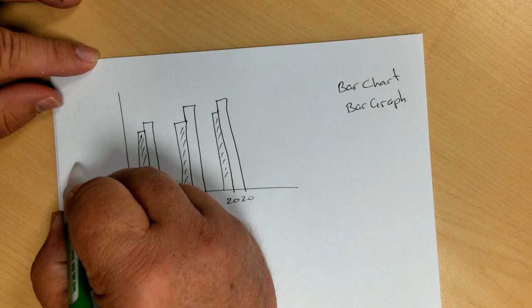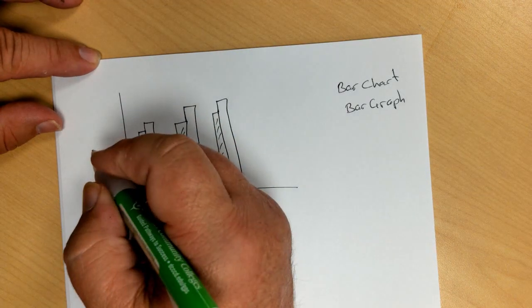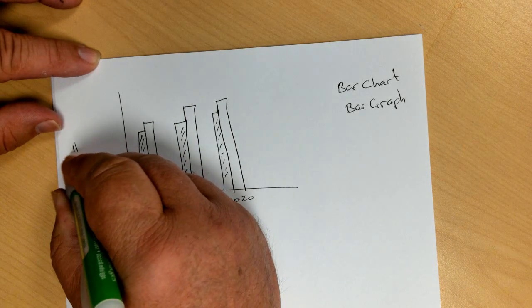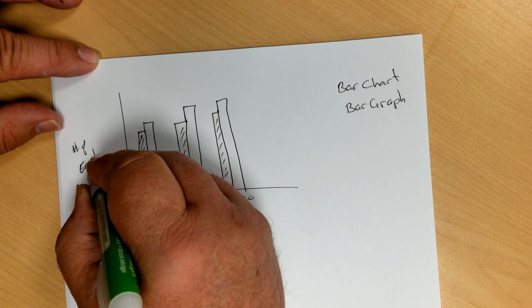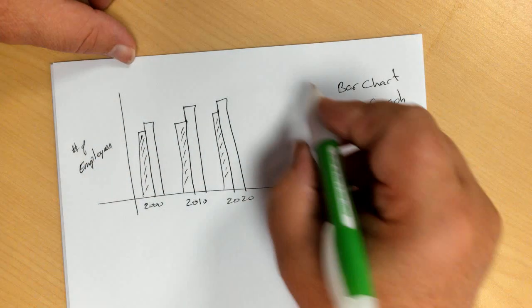Okay, this is in number of employees. These are the years. You have to have a legend.